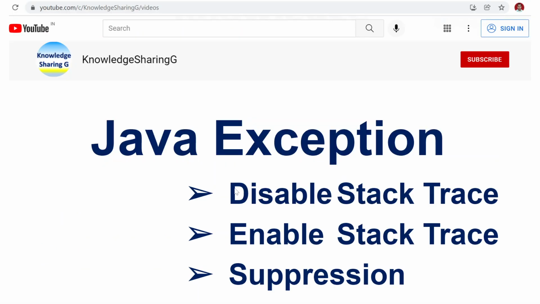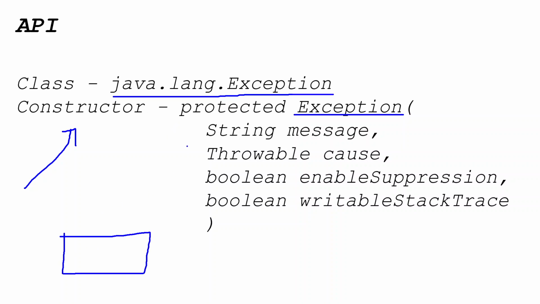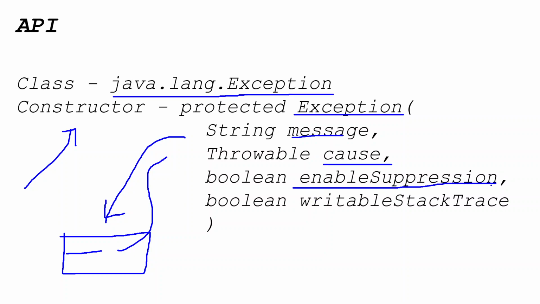So these are the basics of the API under the java.lang Exception class. You can use this simple protected constructor: inside your subclass, you extend from Exception and call super with your message, your throwable cause, enable suppression, and the writable stack trace.